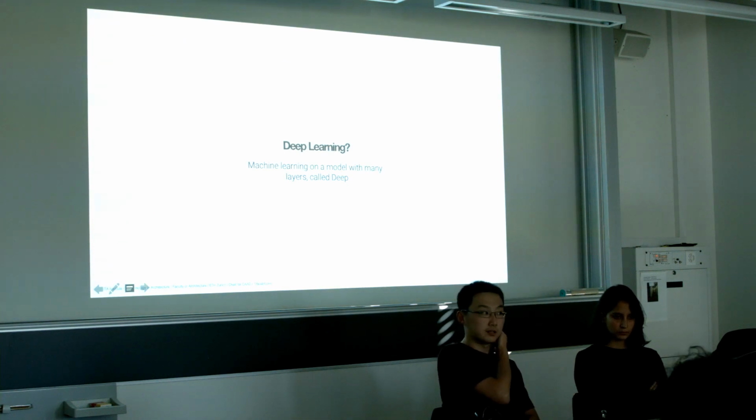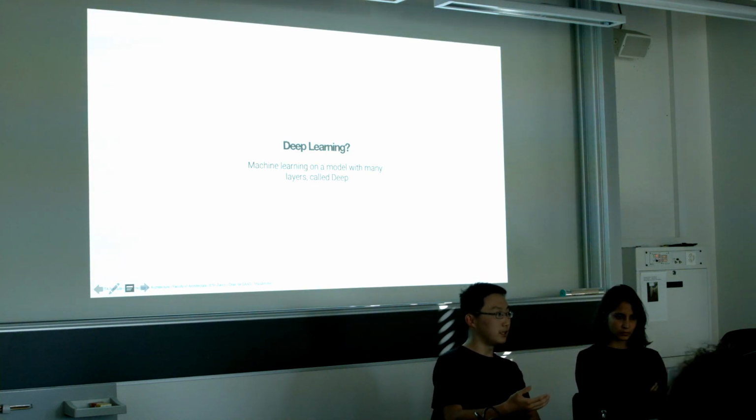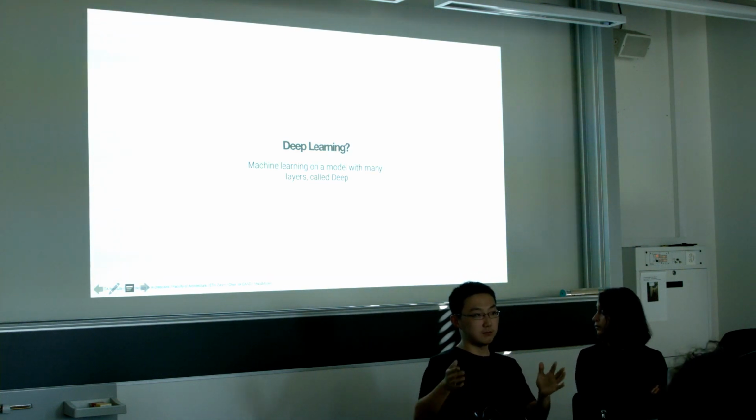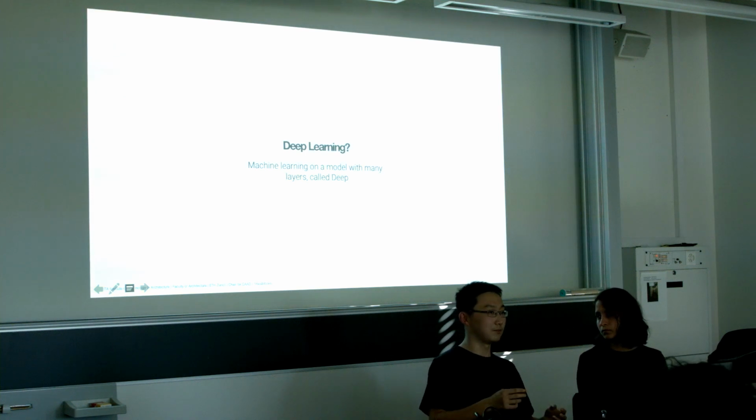So what is deep learning then? Deep learning is a very hot topic nowadays. Simply put, deep learning is a neural network with many layers that people call deep, and this is the whole story.